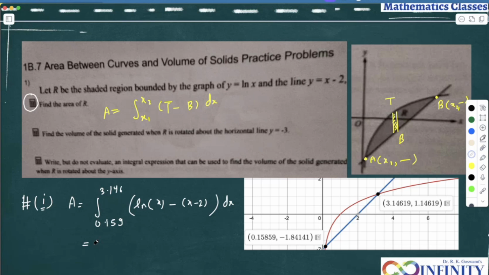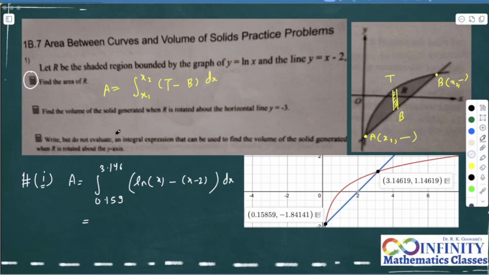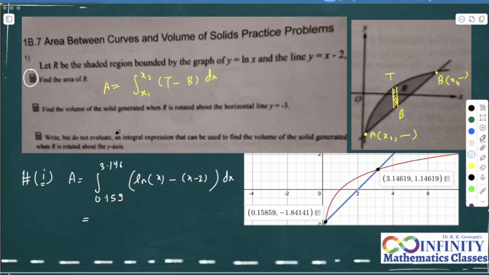Please make use of the calculator. And meanwhile, I'll be getting a graph for the next one. Y equals minus 3. This is the first task.